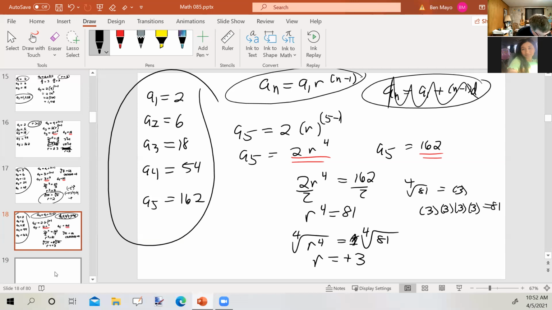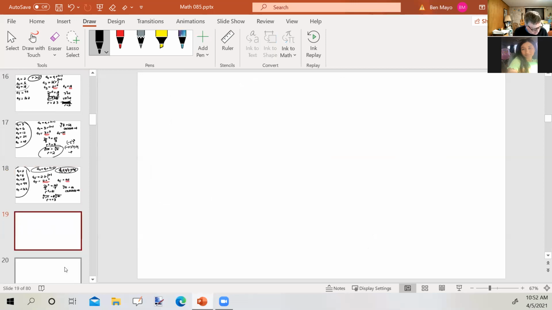What about this one? It says insert 3 geometric means, and then it says 2 positive and 1 negative between negative 64 and negative 1024. So a sub 1 is negative 64.